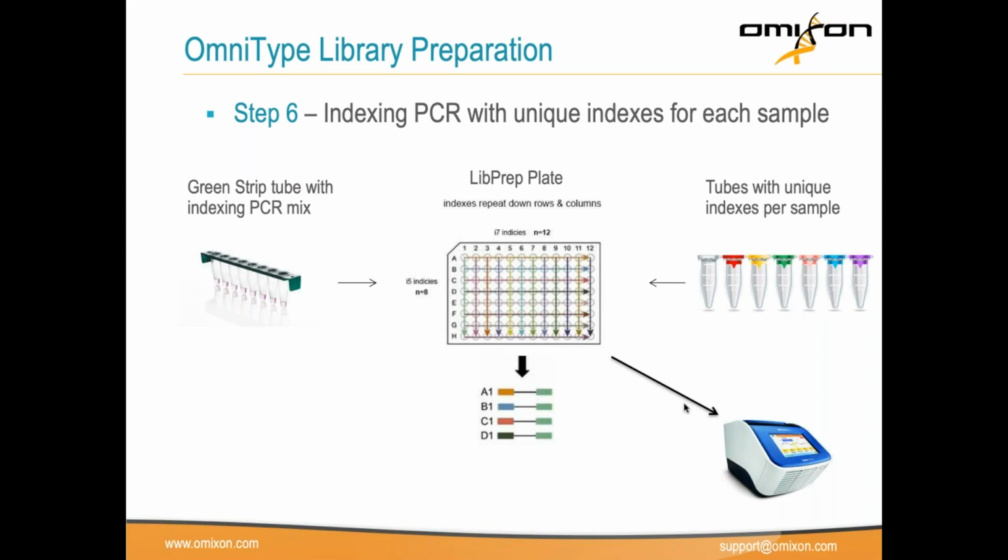They will be provided as pre-plated indices, to reduce the risk of making mistakes and combining different tubes that you shouldn't. So once again, for the indexing PCR mix, we have the green strip tube that contains the pre-mixed and pre-aliquoted PCR mix that is added into the library preparation plate, as well as the appropriate indices. That goes again in the PCR machine for the reaction to take place.